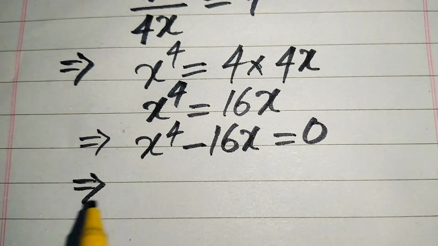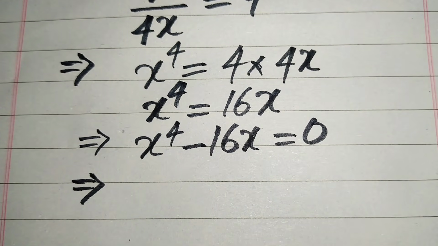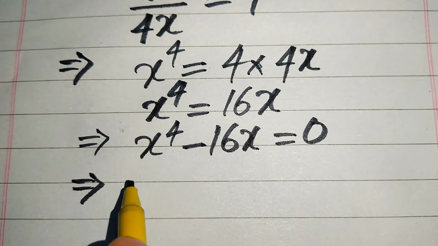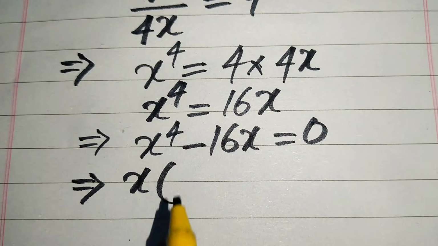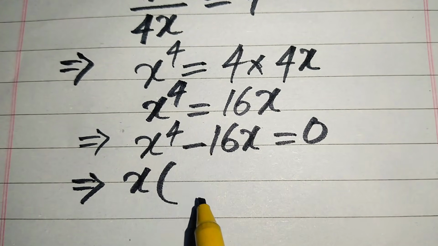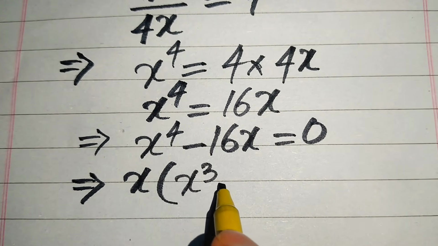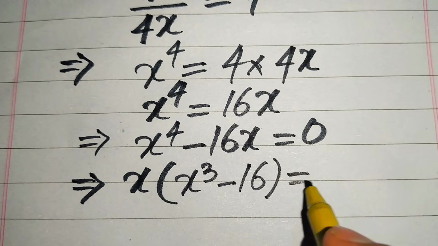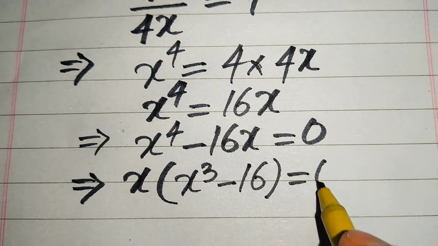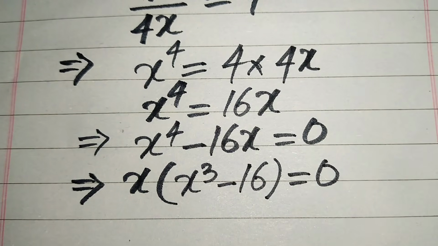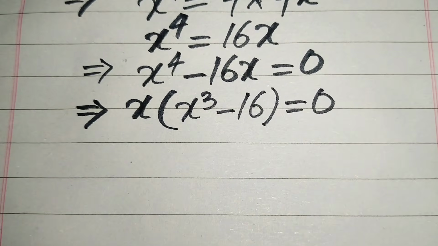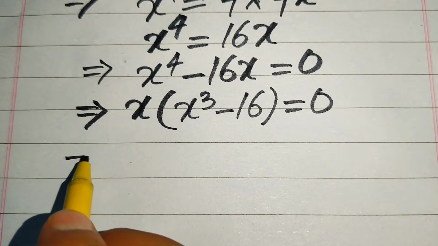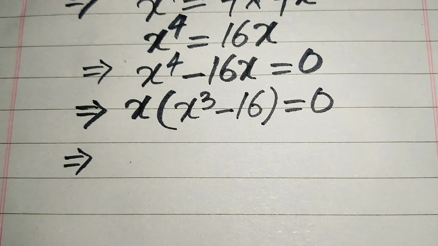Now you see that both of these terms involve x, so we take x common, and we get x times x cubed minus 16, and this whole equation is equal to 0. In the next step, we need more simplification, and we divide this equation into two cases.